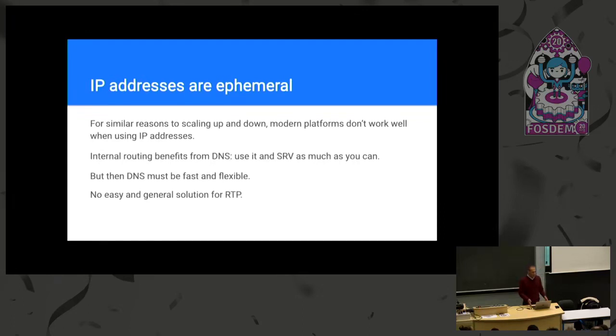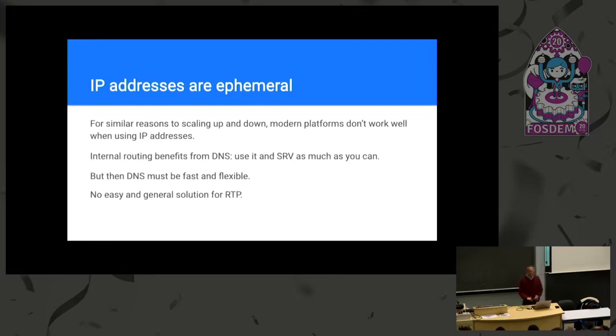This is difficult to achieve now with the volatility of IP addresses, and so you need to shift the design of the architecture more towards DNS in general. So having, for example, to work with Consul and be assured that routing is done with DNS and not with IP addresses, which is an additional complexity, and it doesn't really provide a solution for RTP.